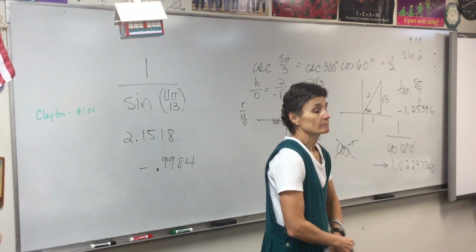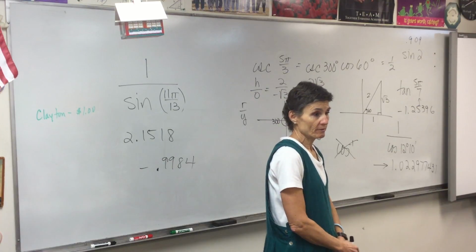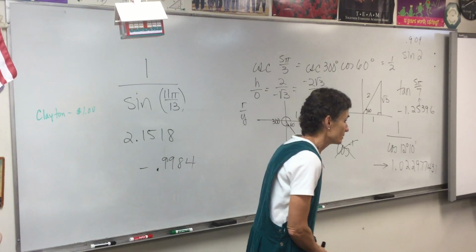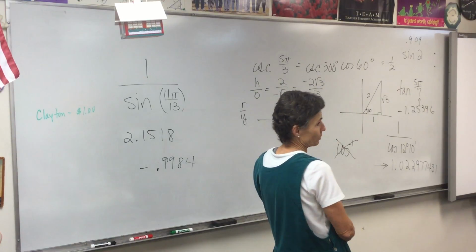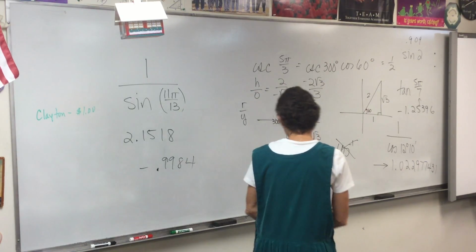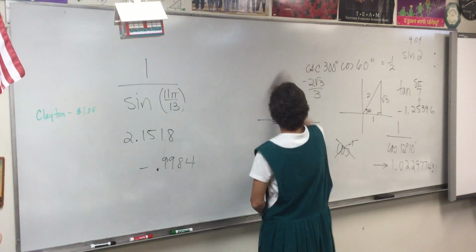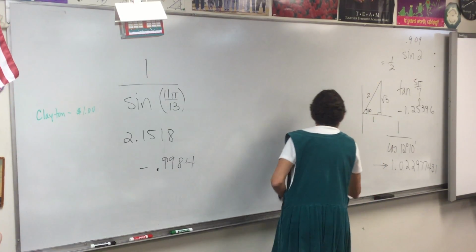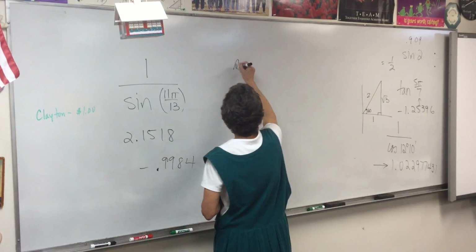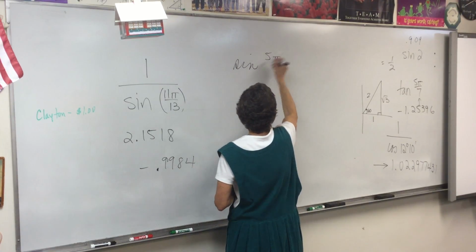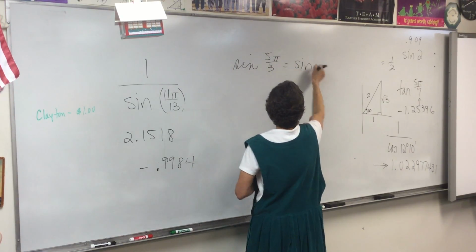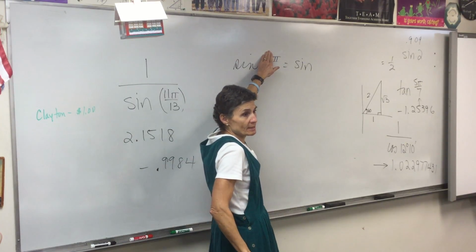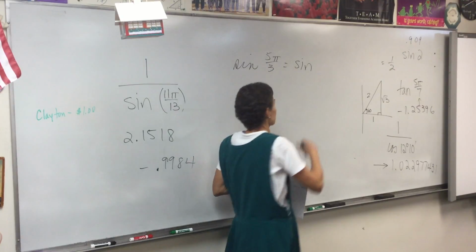Number 1. Deep breath. Sine 5 pi over 3. Kind of already did that, didn't we? Oh well, let's do it again. I'll erase it. Pretend we didn't just do it. 5 pi over 3. This time we want the sine. So we're going to change that into degrees. So pi is 180. Divided by 3 is 60 times 5 is 300.